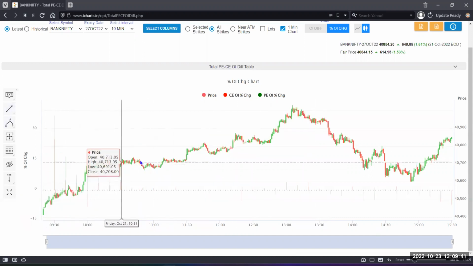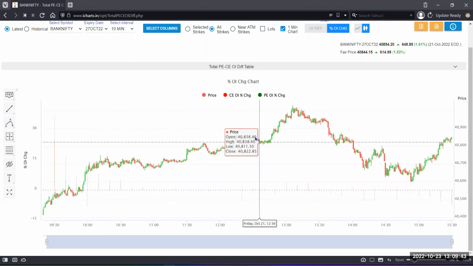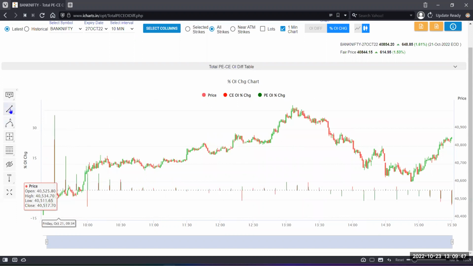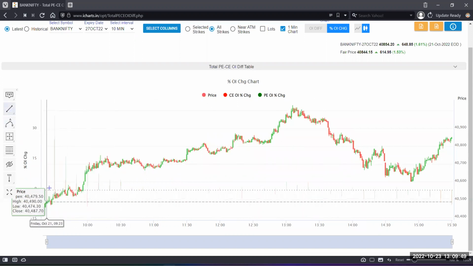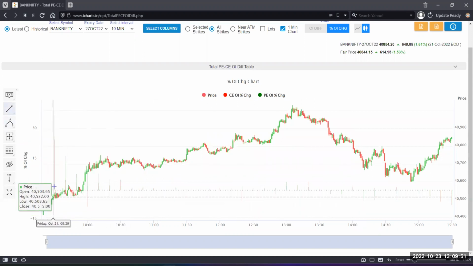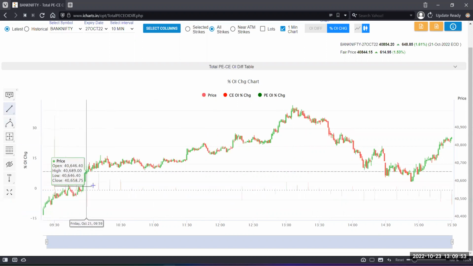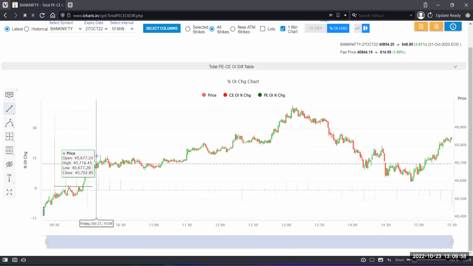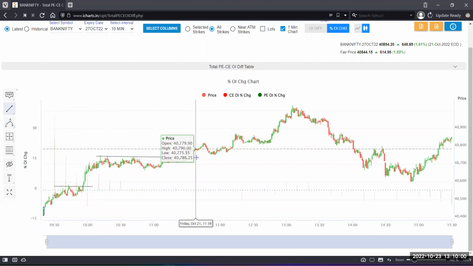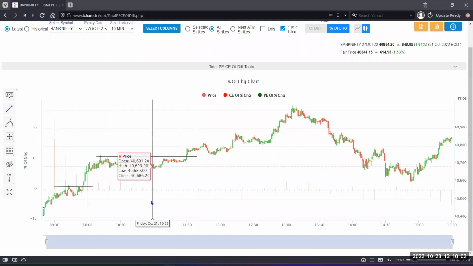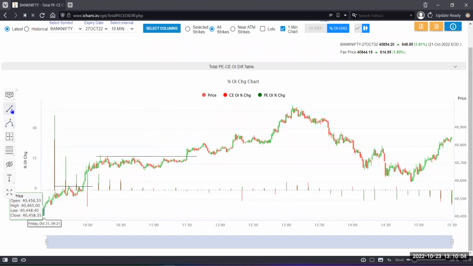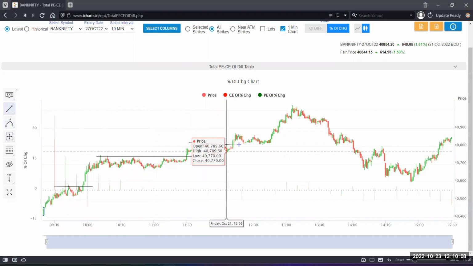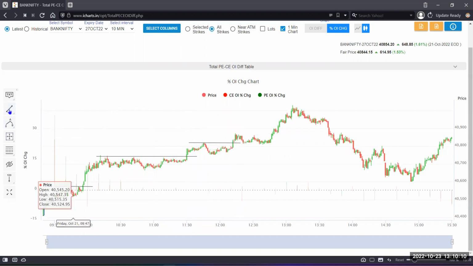Wherever I'm seeing consolidations happening, or key reversals happening, I'm just going to mark those levels to see what has happened with the buildup and unwinding. So I just mark these lines over here, wherever I'm seeing some kind of a consolidation.